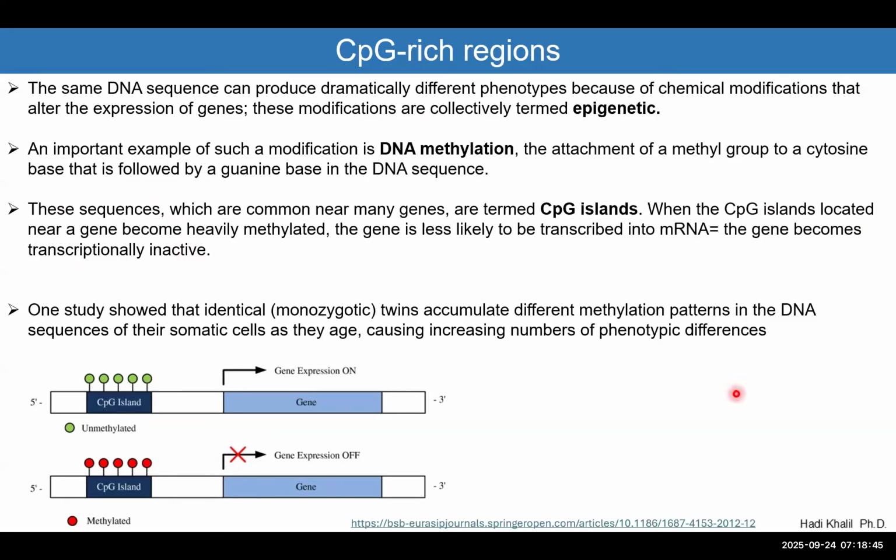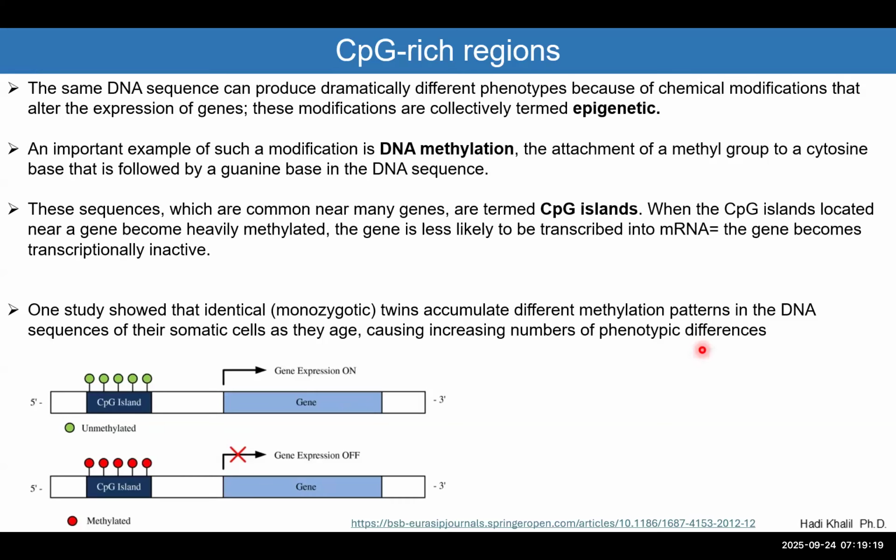For example, if we get DNA from monozygotic twins, this means most of their DNA is similar, like 99%. Then there were studies that showed accumulation of methyl groups on certain sequences of their DNA caused a change in their somatic appearance, and therefore they came to have a different phenotype.